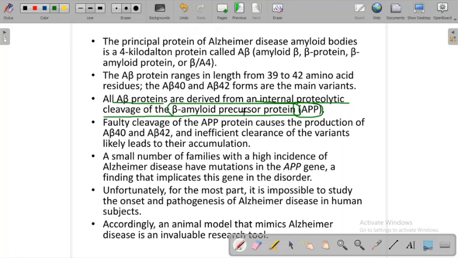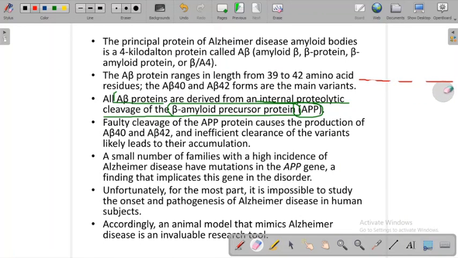This amyloid beta protein is very helpful, and it is naturally synthesized. But what happens if the APP gene, which is a big gene, has improper cleavages at any site?